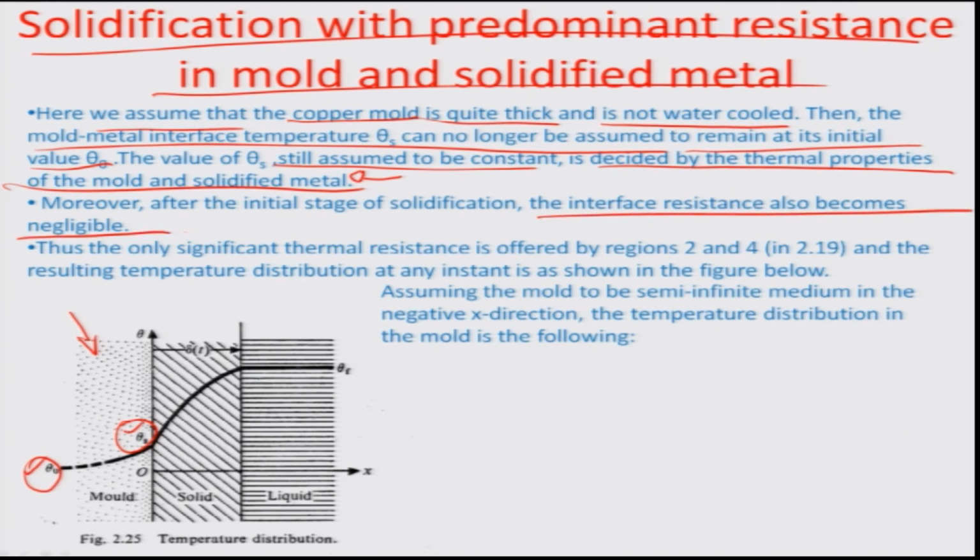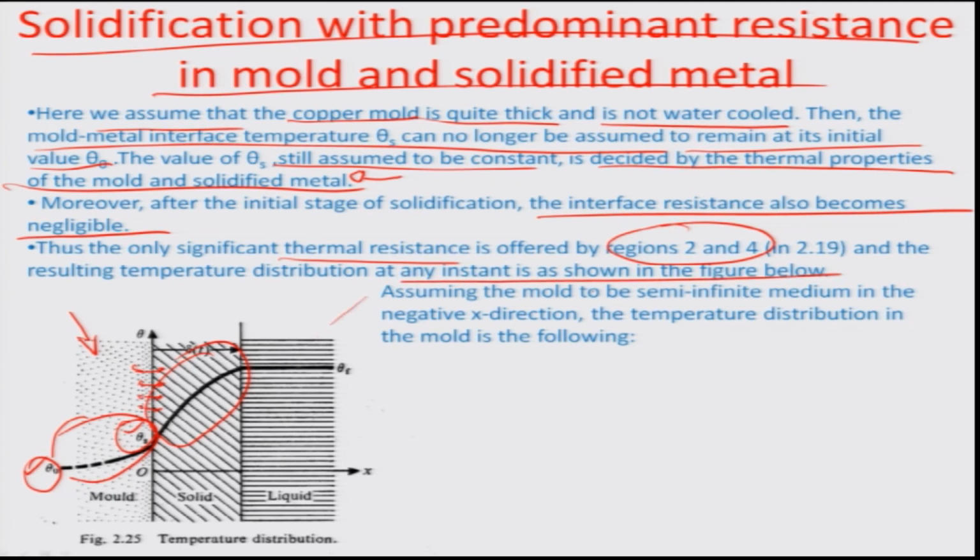Because it is a metal to metal weld, there is hardly any interfacial resistance. So, in this particular case the only significant thermal resistance is offered by region 2 and region 4. The 2 is this region and 4 is this region, and the resulting temperature distribution at any instance is shown in the figure below.